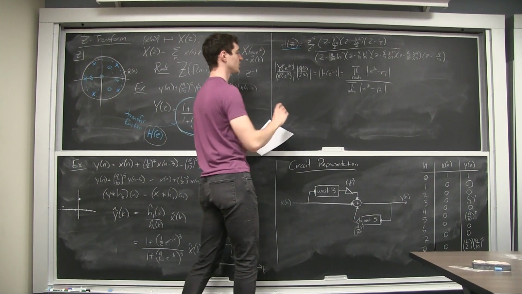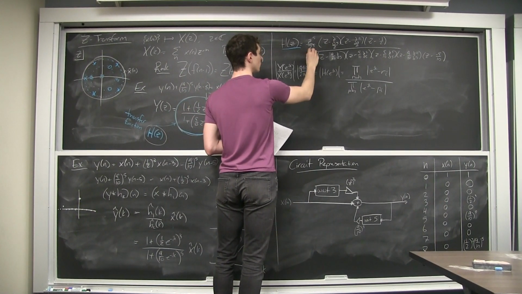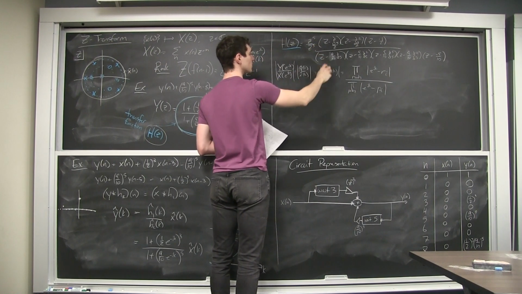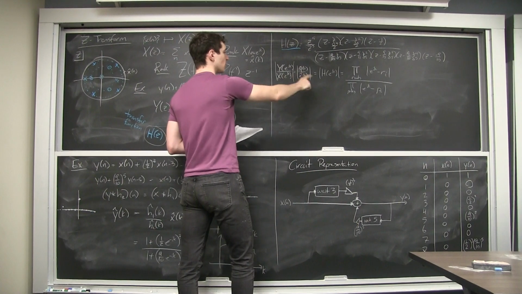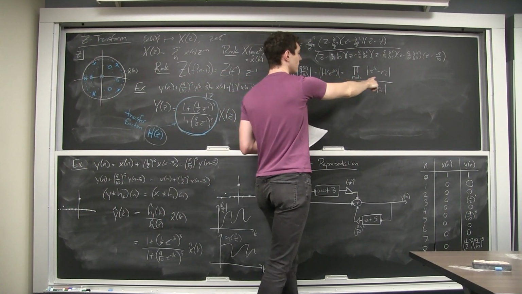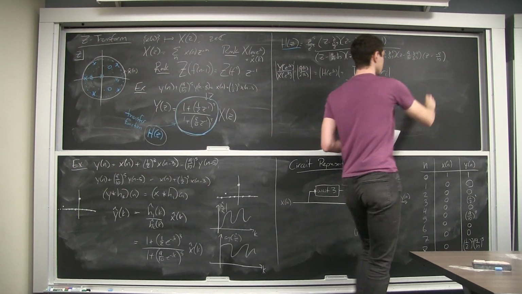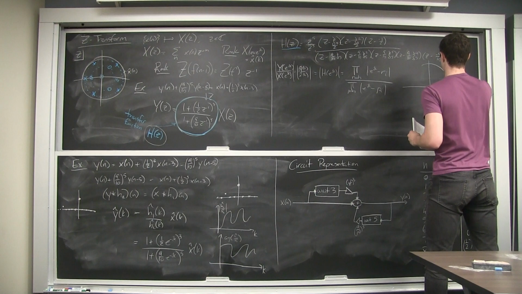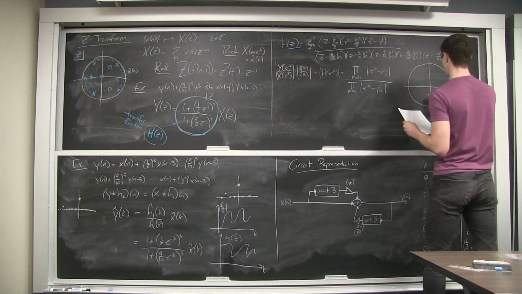Okay, and just to make sure that this is clear, the reason that this term doesn't contribute is because it's a pure phase term, so its magnitude is 1. Okay, so if we want to calculate our magnitude envelope for this filter, we just calculate the distances to all the roots and poles. So my picture for this over here, let me just redraw that exact same picture.